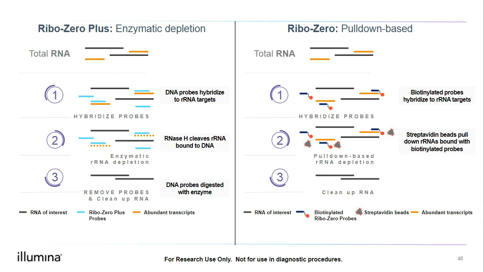With Ribo-Zero on the right, biotinylated probes hybridize to rRNA target. Streptavidin beads are then used to pull down the rRNAs bound to the biotinylated probes, leaving us again with rRNA depleted input. The benefit of enzymatic depletion is that we would expect less rRNA carryover since there are no beads to accidentally pipette into the next step.